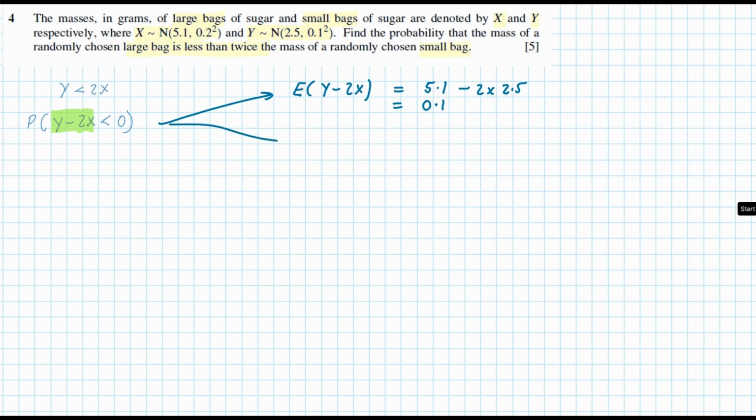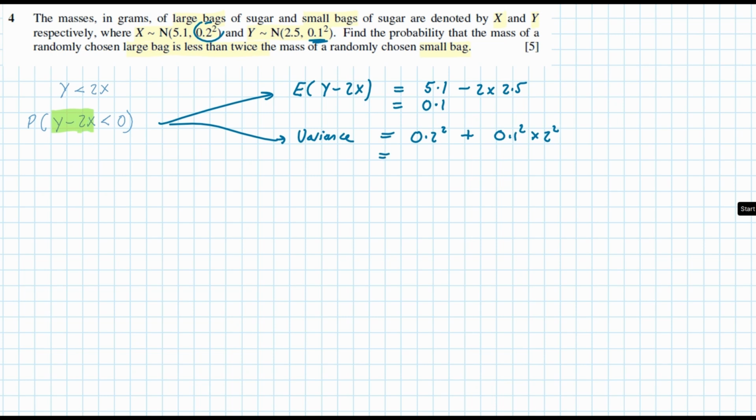And then the variance is going to be 0.2 squared. Now remember, we add the variances even though there's this minus here, because variance is a squared thing. So plus 0.1 squared, which is the variance of Y, but also remember times 2 squared because we've got a 2 here, right? So that's 2 squared times 0.1.